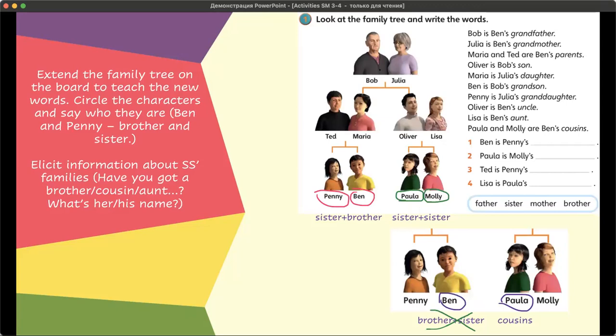So when you circle, they see these people and it becomes easier. Also, you can ask students about their families, like, have you got a brother, aunt, cousin? What are their names? If they give responses, they understand you.